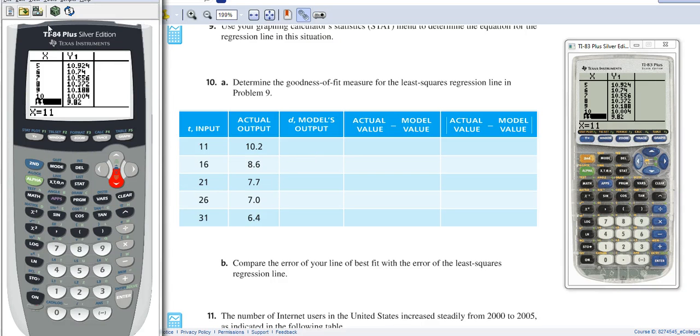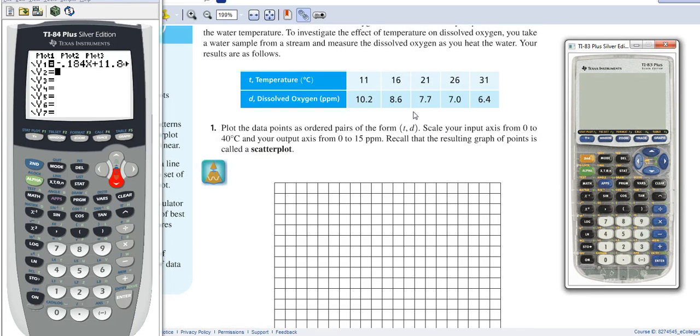So the other thing we would want to do is, if we want to know something that's happening, so if we want the output to be somewhere, let's say that we want to know what the temperature is when there's 8 parts per million.